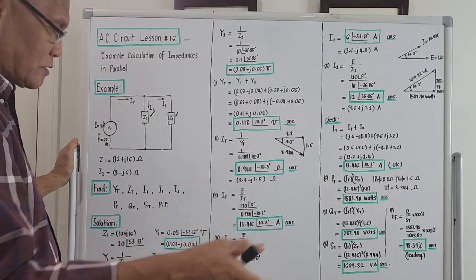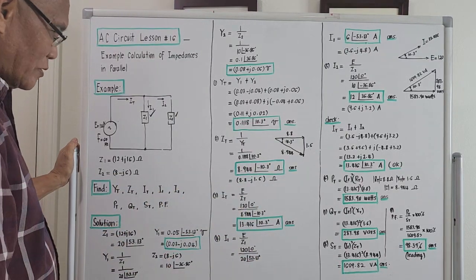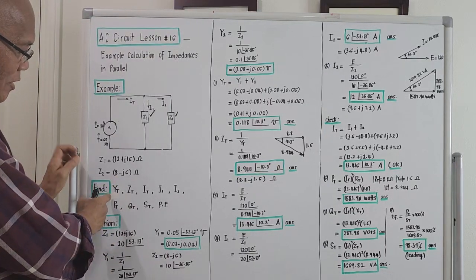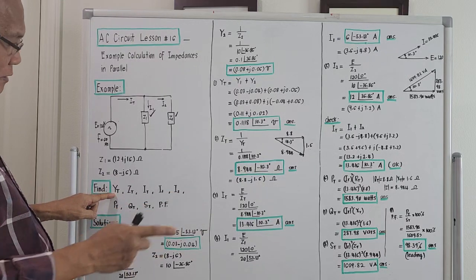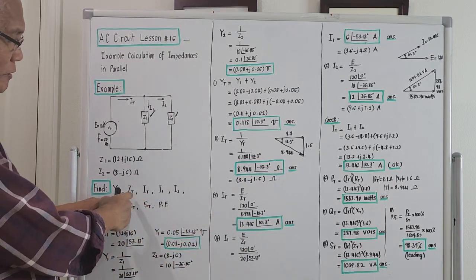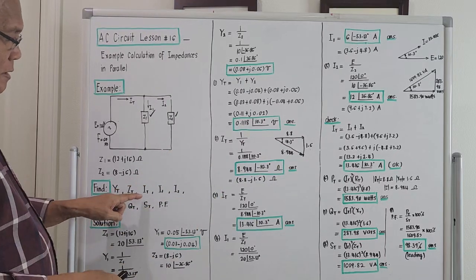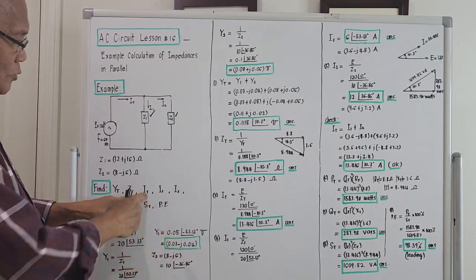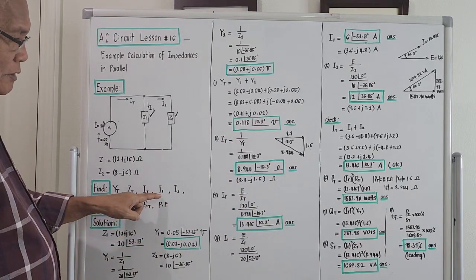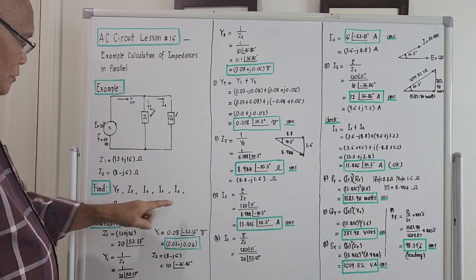The problem is asking, there are so many unknowns. Find capital Y with the subscript T, meaning total admittance. Capital Z with the subscript T, meaning total impedance. Capital I with the subscript T will be the total current. This is I sub 1, I sub 2.